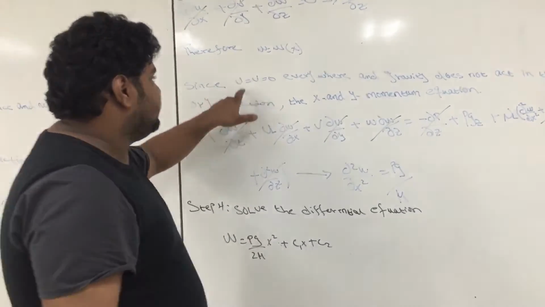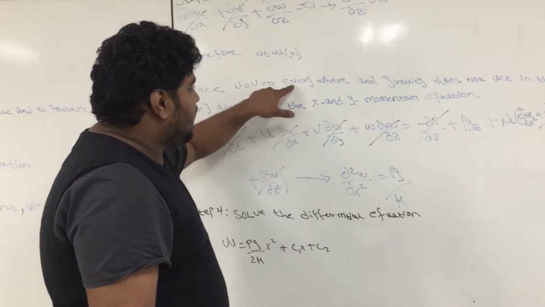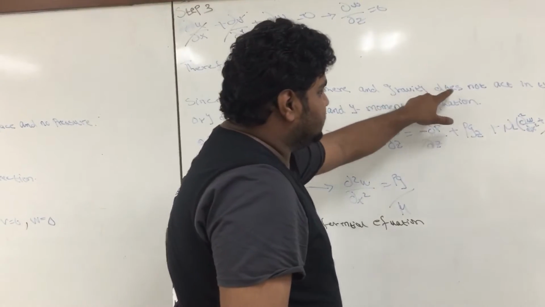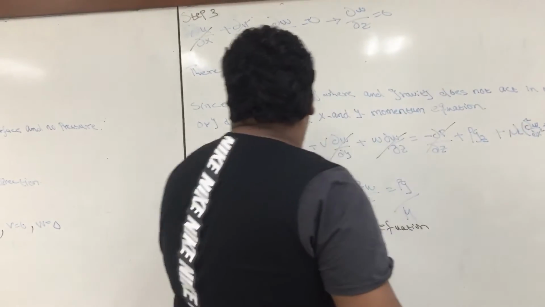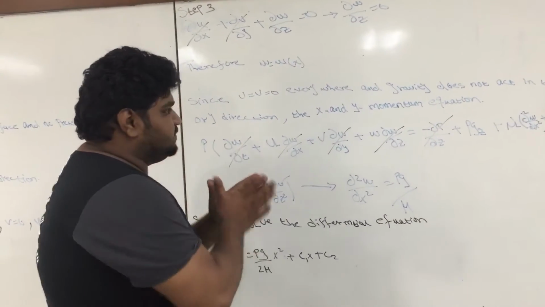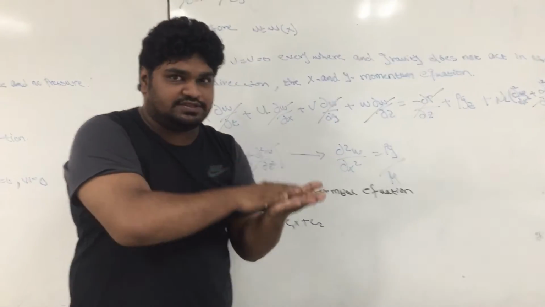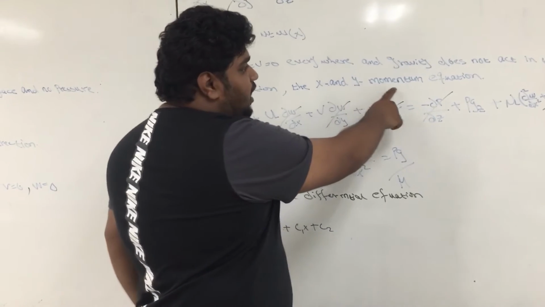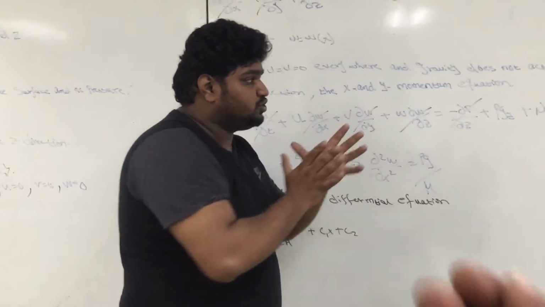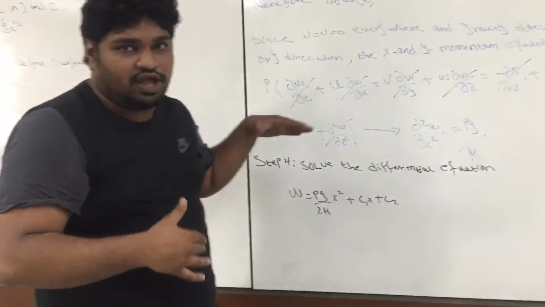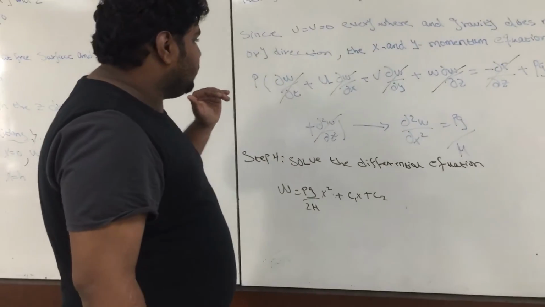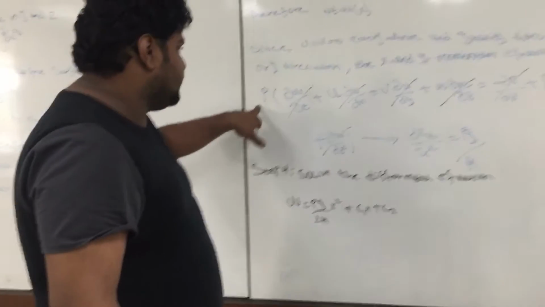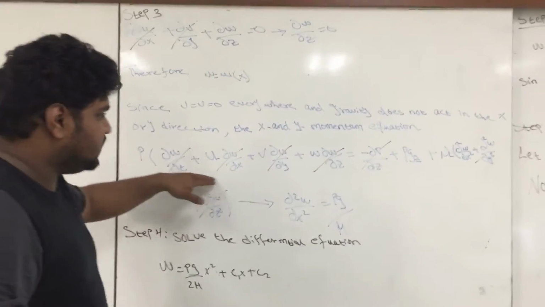Since v equals 0 and gravity doesn't act in the x or y direction, we don't have any force in the x and y directions. So for the x and y momentum equations, we use the momentum equation from the previous fluid lesson. Here we have the pressure, and also this is the equation.